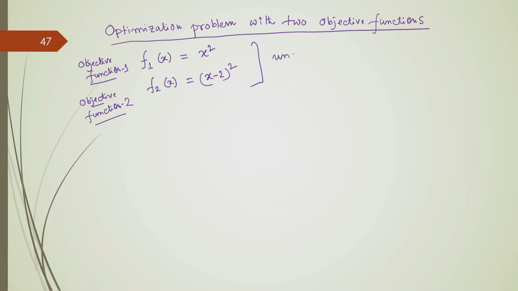So, this is a case of an unconstrained single variable optimization problem with two objective functions.